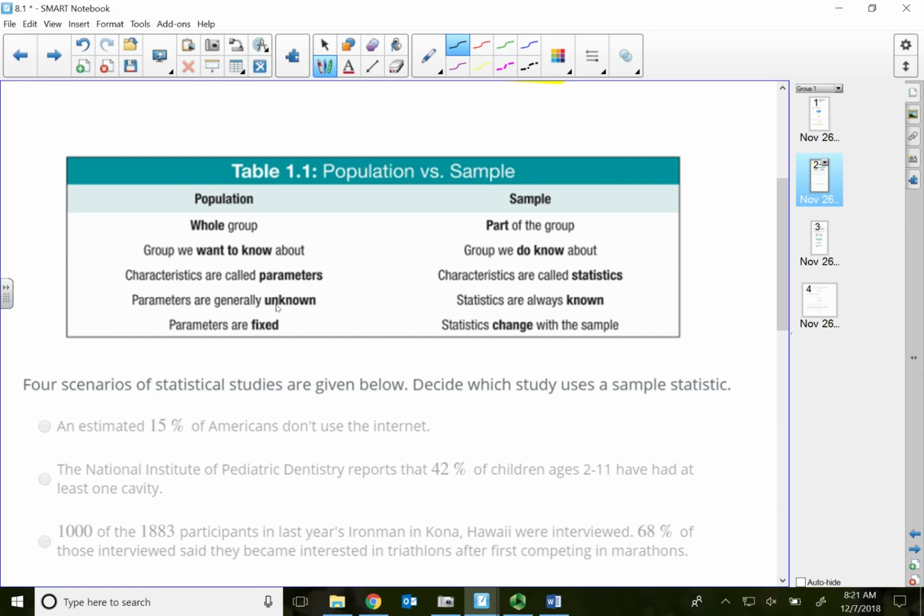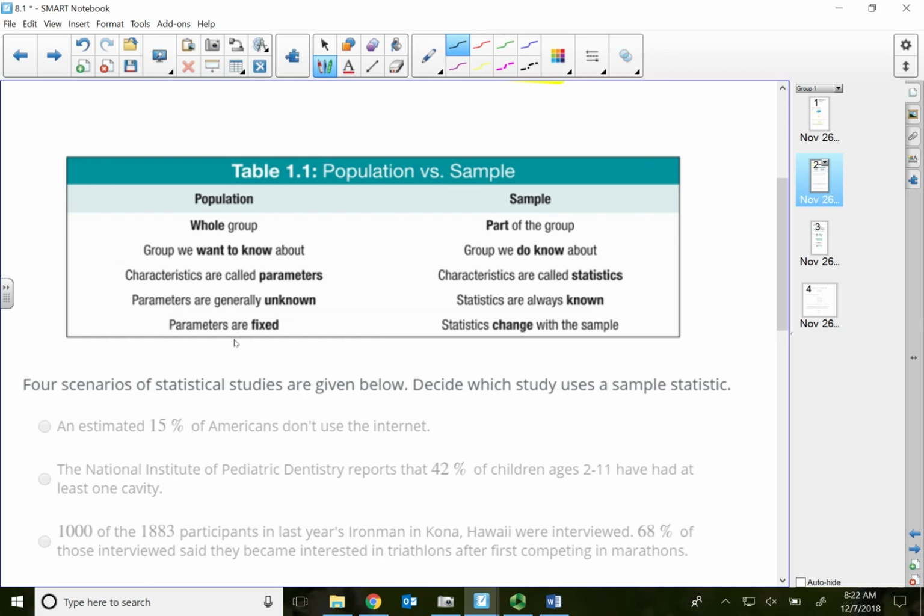For population, we normally do not know the parameter. That means we do not really know the true population mean or the true population standard deviation. Statistics, though, we can actually compute, so we always know our sample statistics.